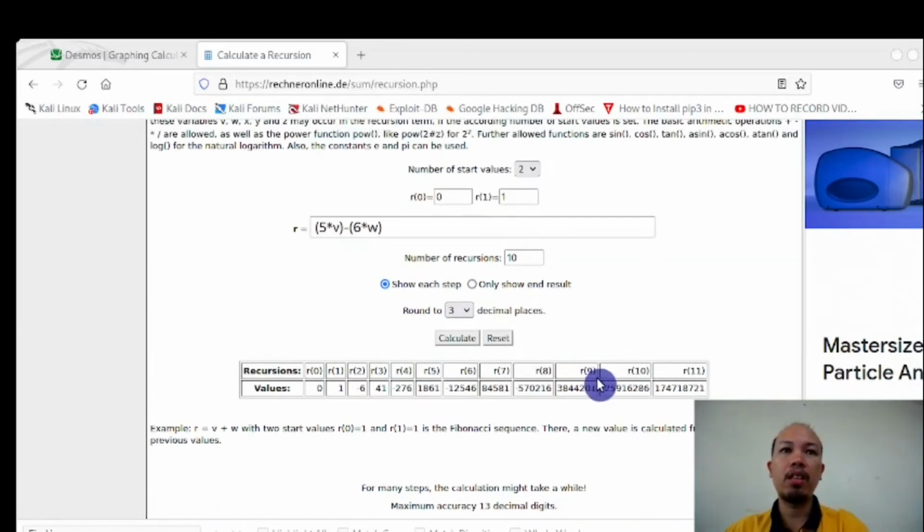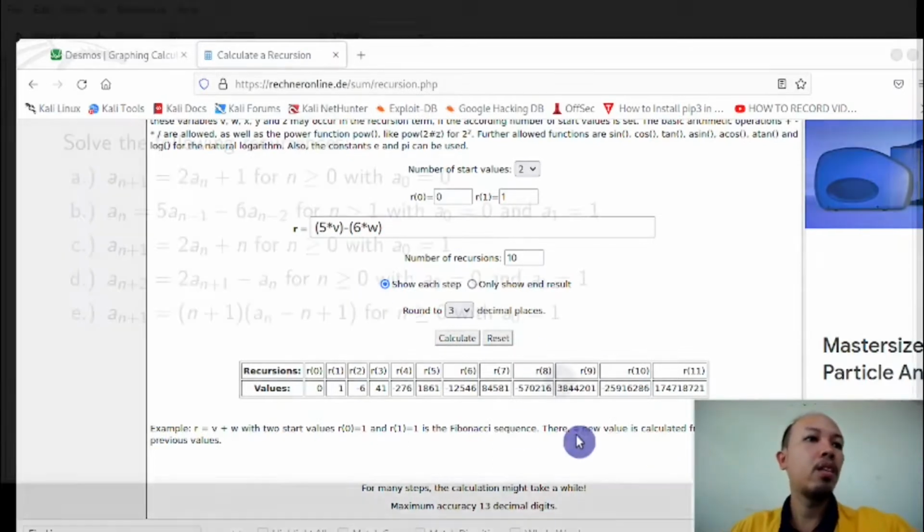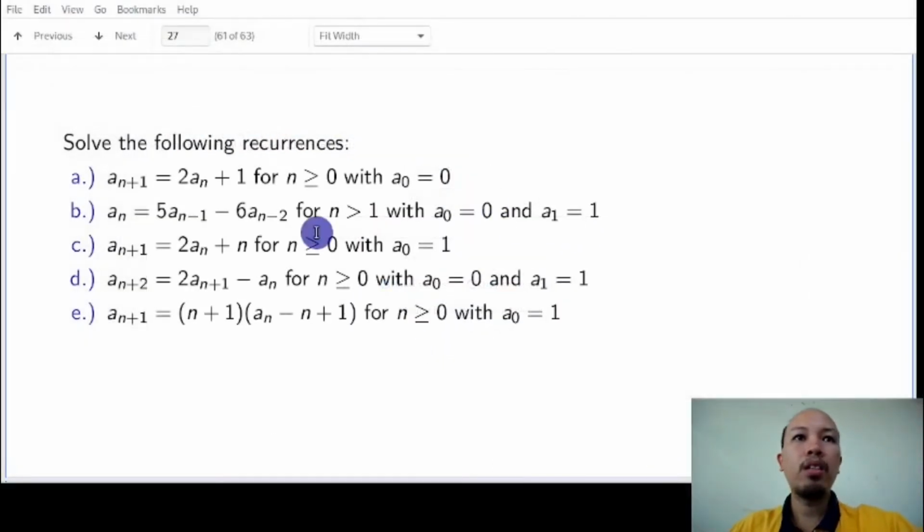Maybe let's ask the author of this website why there's a mistake. Let's calculate. So 0 1, we have here 0 1 and then a sub n minus.